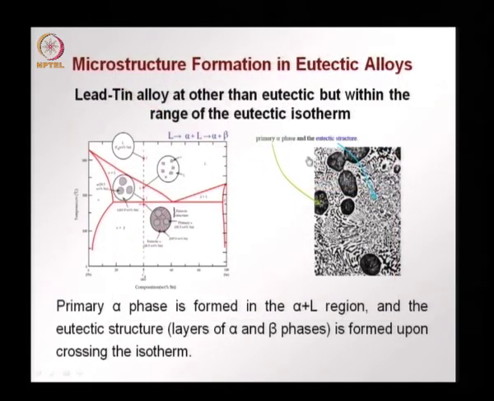So, we have a microstructure like this where we have the primary alpha phase, these are the primary alpha phases, and then we have a eutectic structure around. So, the primary alpha phase is formed in the alpha plus L region, and the eutectic structure, which is the layers of alpha and beta phases, is formed upon crossing the isotherm.